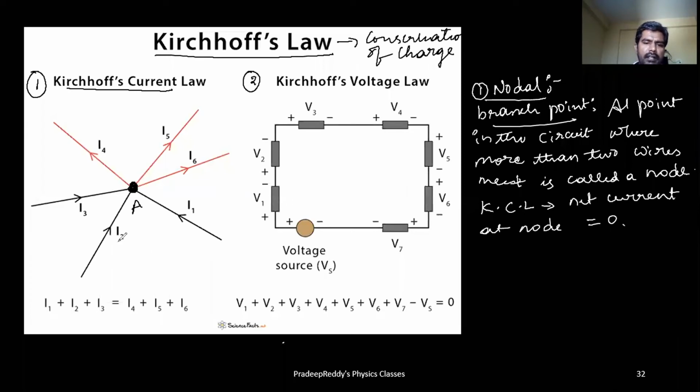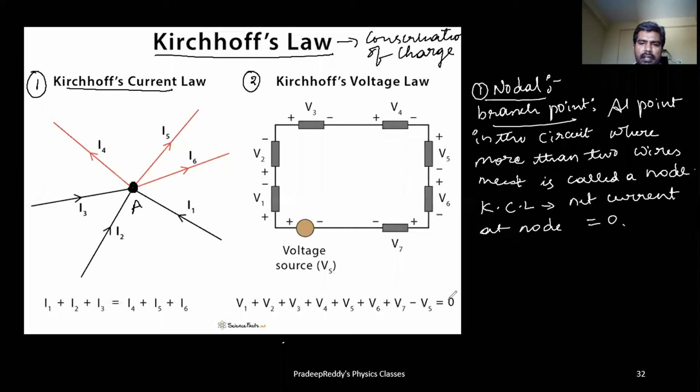There are currents entering as I1, I2, I3, represented with black ink. I4, I5, I6 are the currents leaving the nodal point.